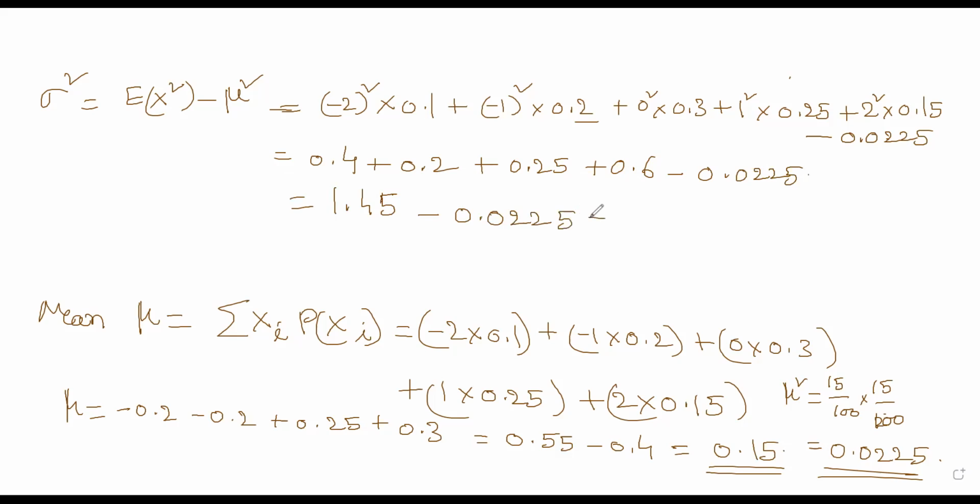Minus 0.0225. Can you give the calculation further? 1.45 minus 0.0225. So here we go: 10 minus 5, 5. 9 minus 2, that is 7. 4 minus 2, 2. So it is 4. 1.4275.